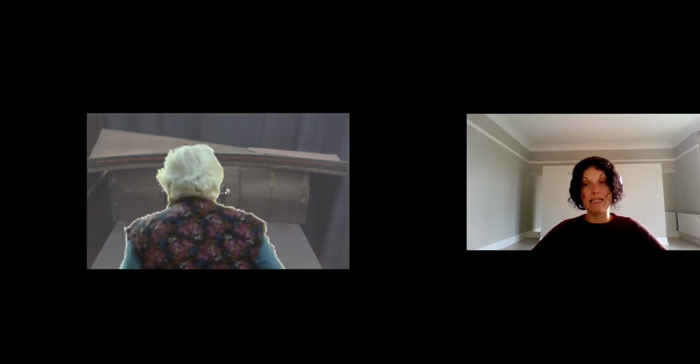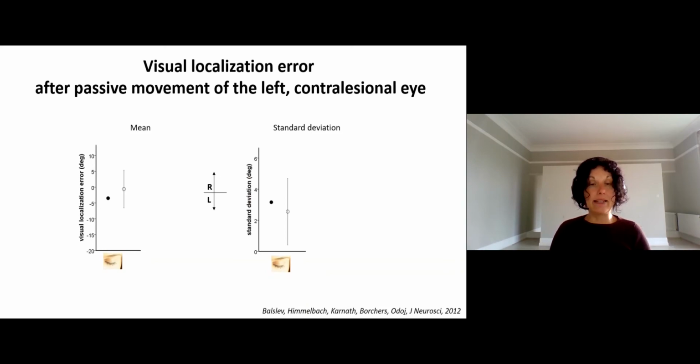On the other hand, if Lewis and colleagues are correct and proprioception does not contribute at all to visual localization, then we should see no error at all. And it seems that Lewis and colleagues were right. We saw no error at all in visual localization.